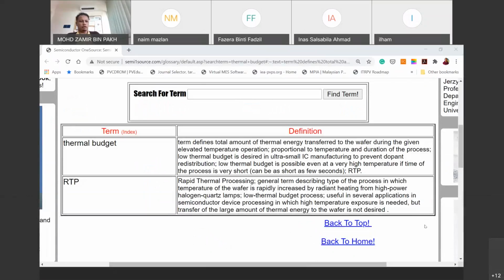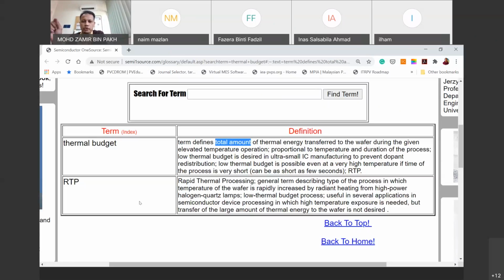Okay, good. Right, so you look at the definition of thermal budget here. So this term defines the total amount of thermal energy transferred to the wafer during the given elevated temperature operation. So not necessarily in the diffusion process where you form your junction. It can also be during the annealing steps where you try to remove defects or something.